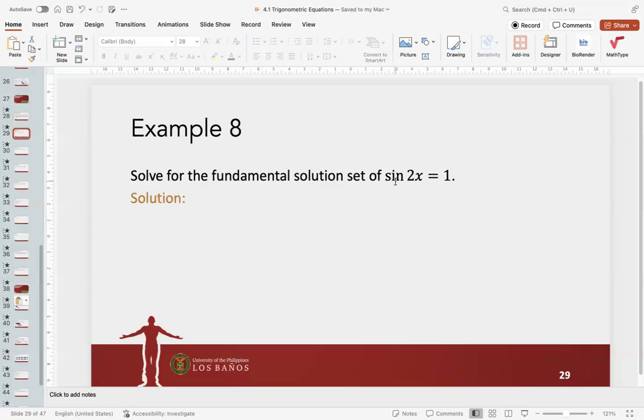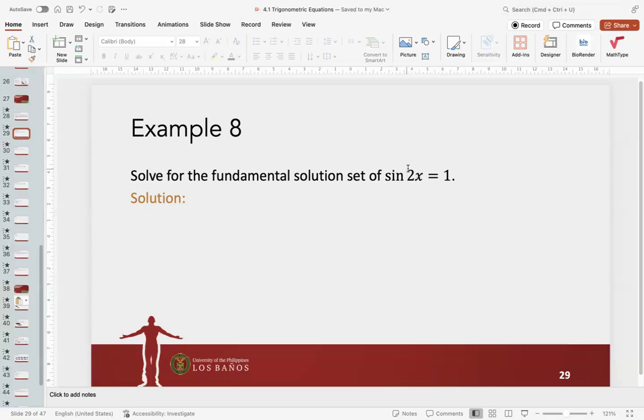So if you notice here, our equations also just have a single trigonometric function involved. That means we will apply tip number one in order for us to solve for 2x. All right.